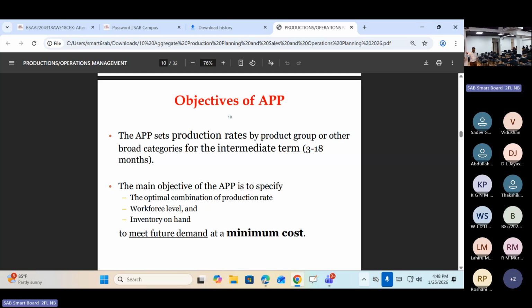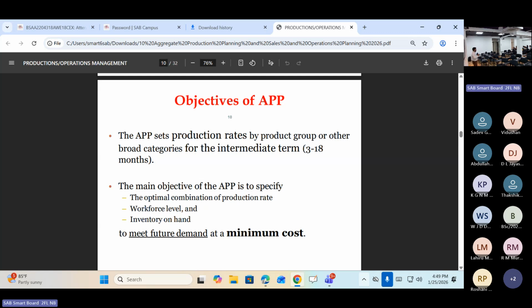So there are three things that we try to optimize here. The main objective of aggregate production planning is to specify three things. One is the optimal combination of the production rate. What should be the production rate we have to maintain in the factory, that minimizes the cost and, on the other side, meets the market demand.